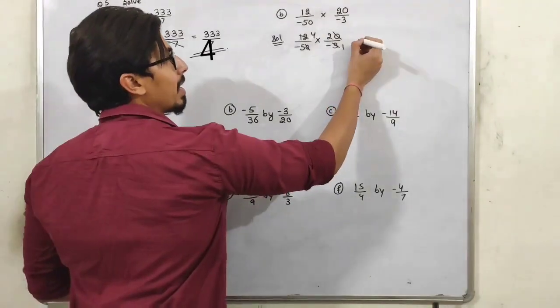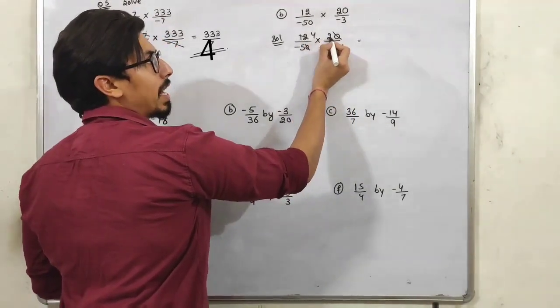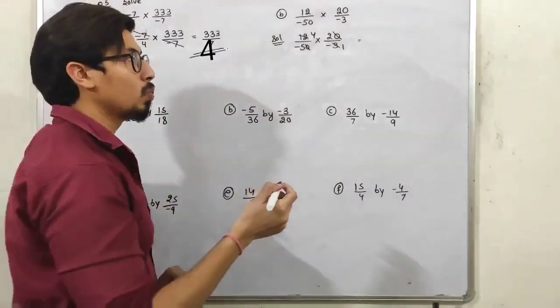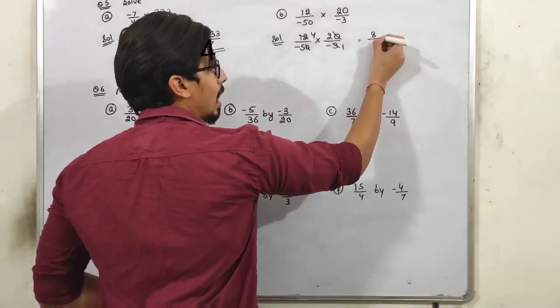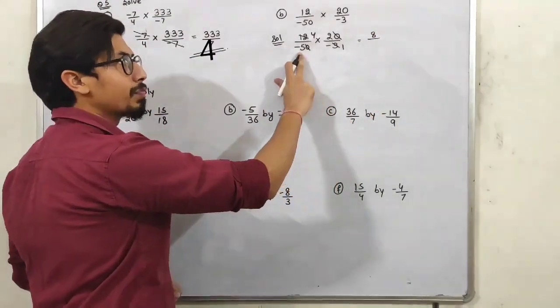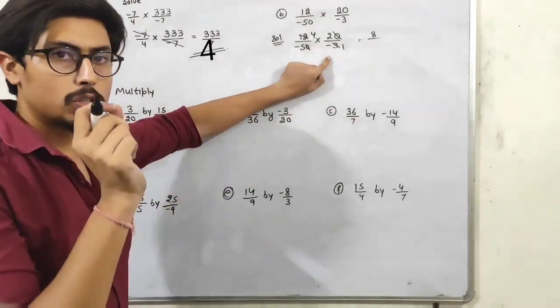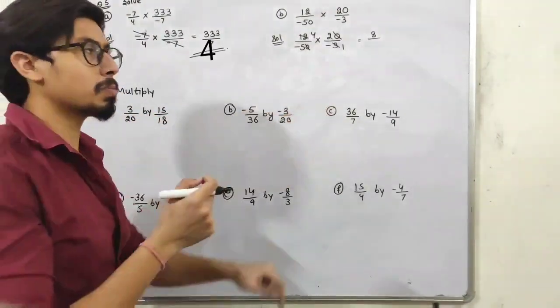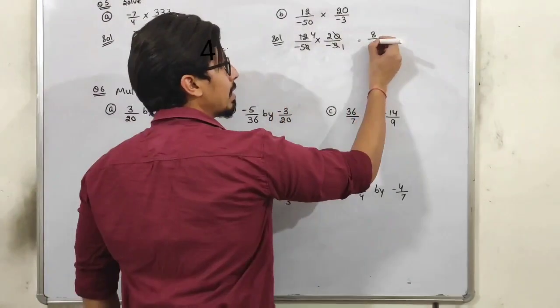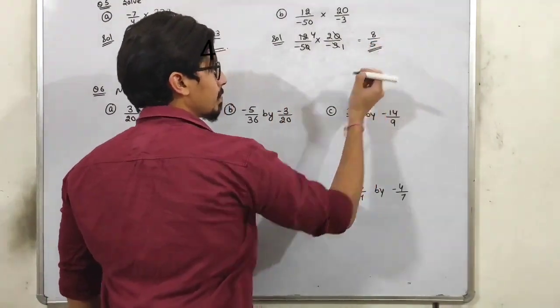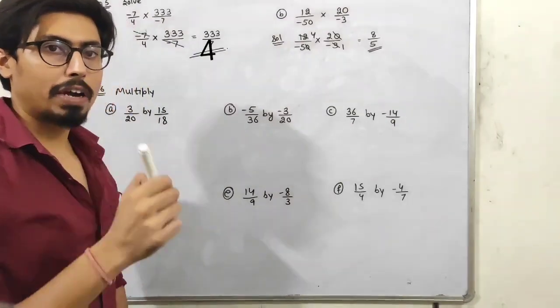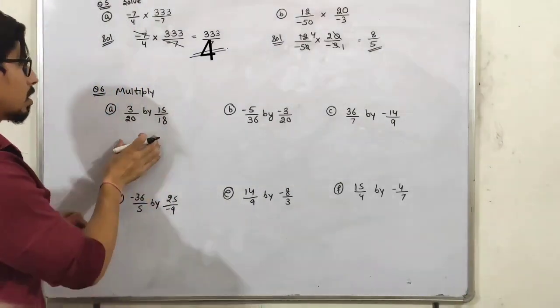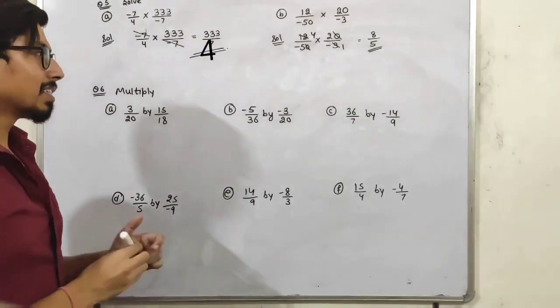So it can be written as 4 and 2. When 4 is multiplied by 2, it will be 8. Okay, upon. Here we have minus 5, here we have minus 1. So minus multiplied by minus is plus, and 5 ones is 5. So the answer is 8 by 5. Okay students, now question number 6 has 6 parts.